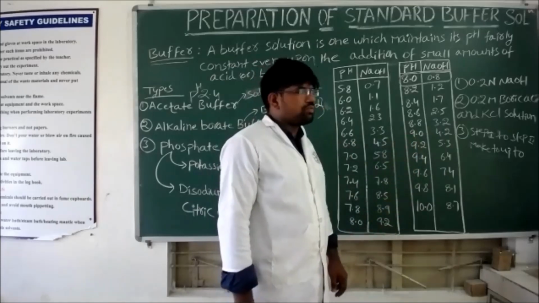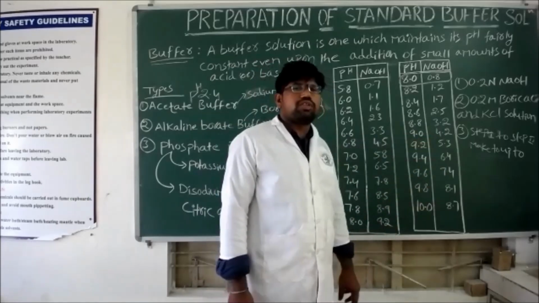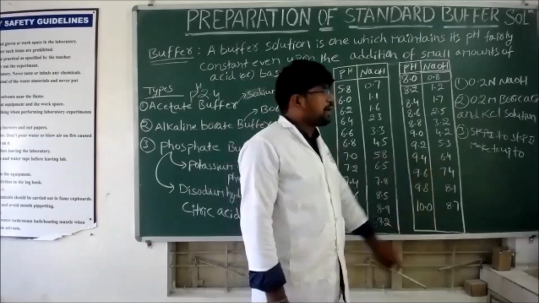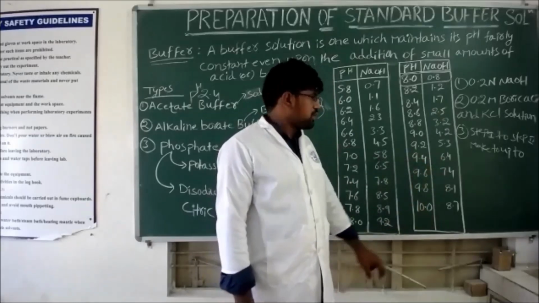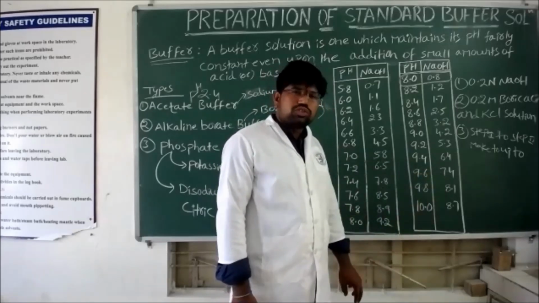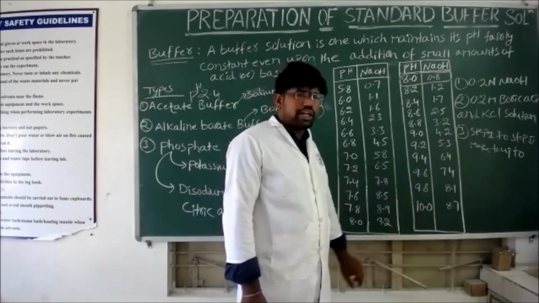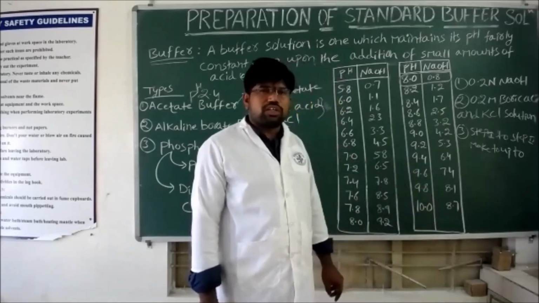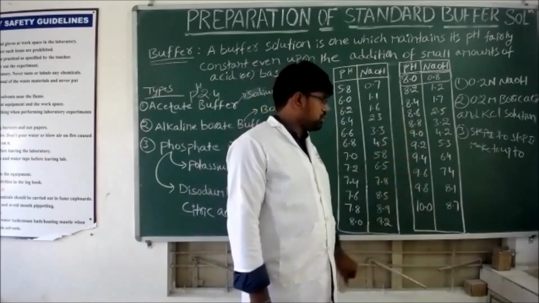Next, 9 pH: 4.2 ml of the sodium hydroxide solution. Next, 9.4 pH: 6.4 ml. Next, 9.6: 7.4 ml. For pH 9.8, we will take 8.1 ml of the sodium hydroxide solution.